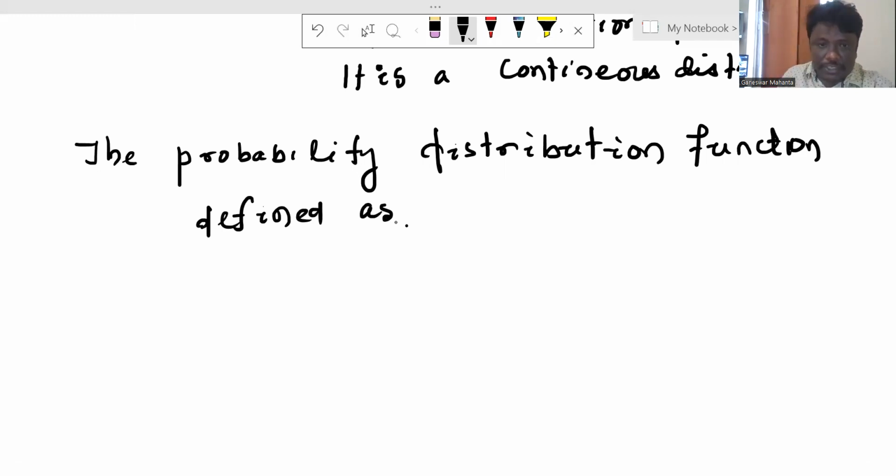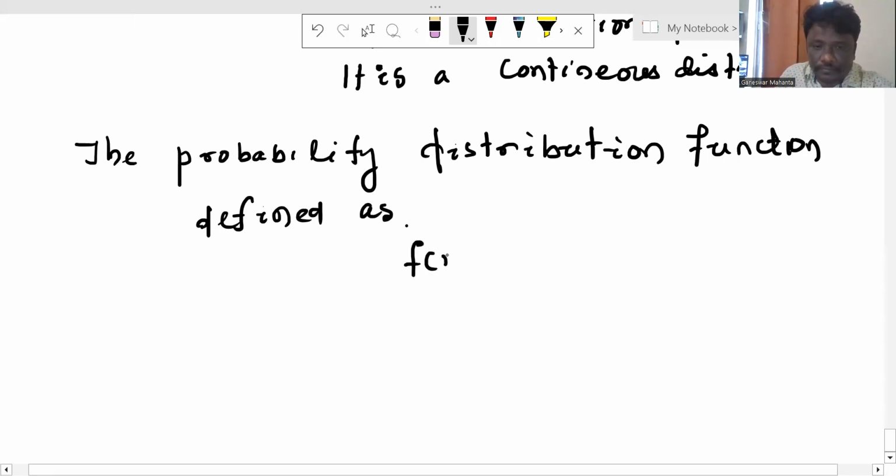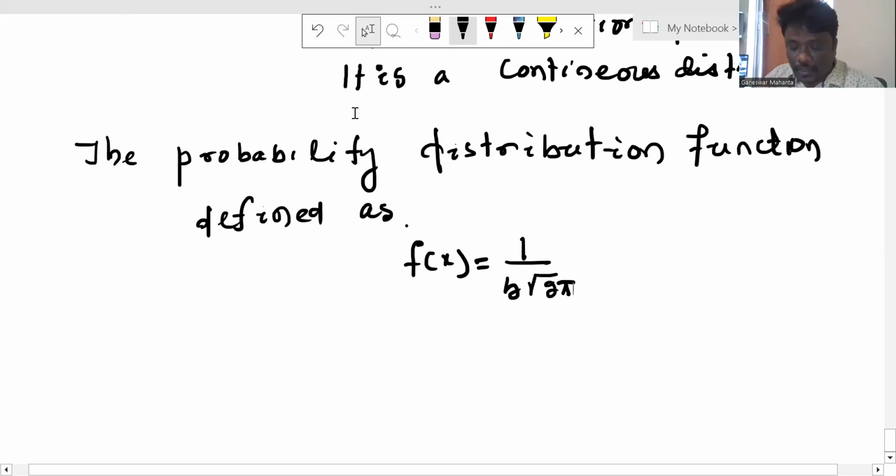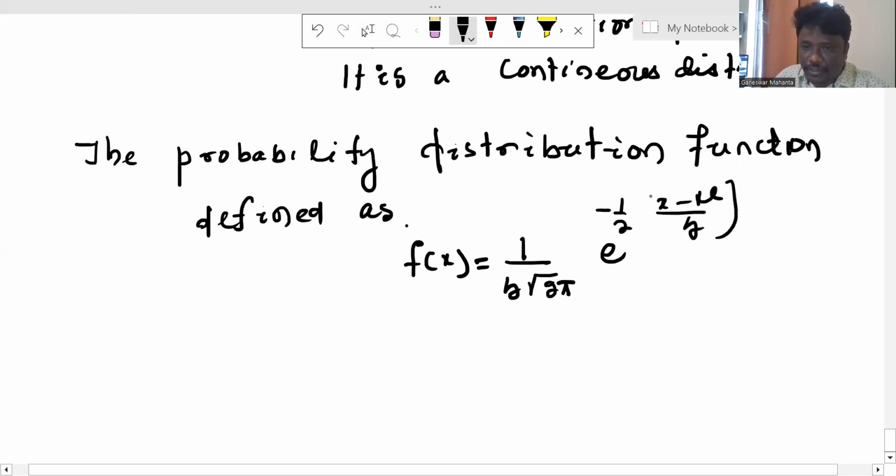We can define it as a function f(x) equal to 1 by sigma root over 2 pi, e to the power minus 1 by 2, x minus mu by sigma, whole square.